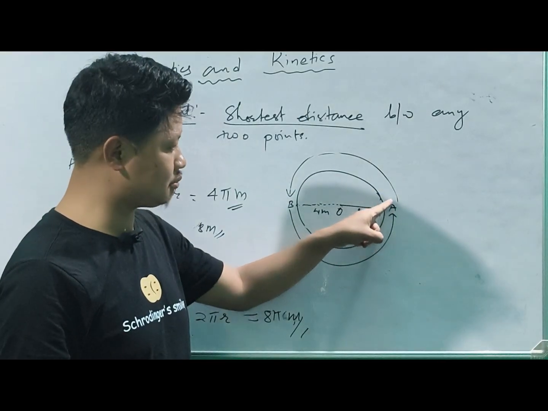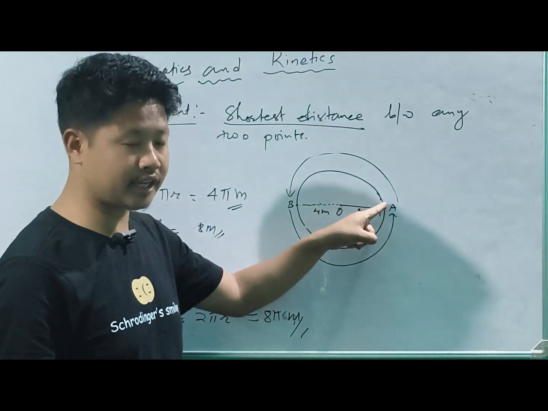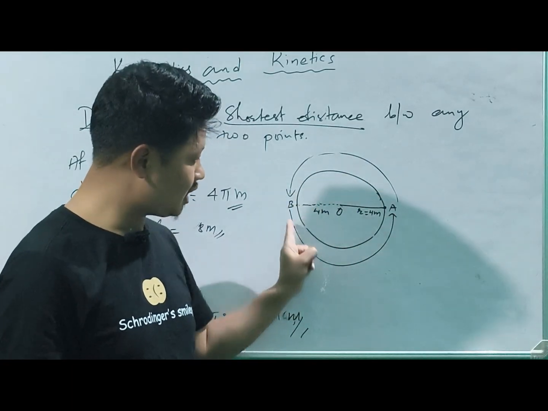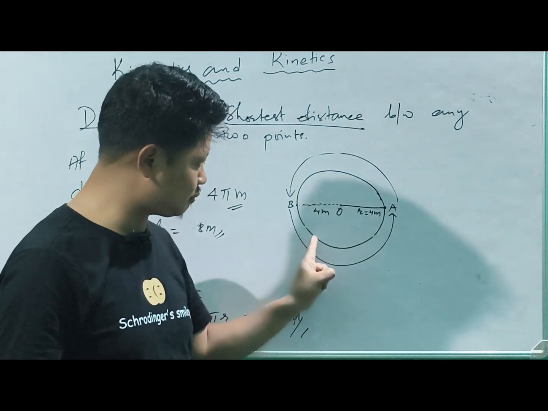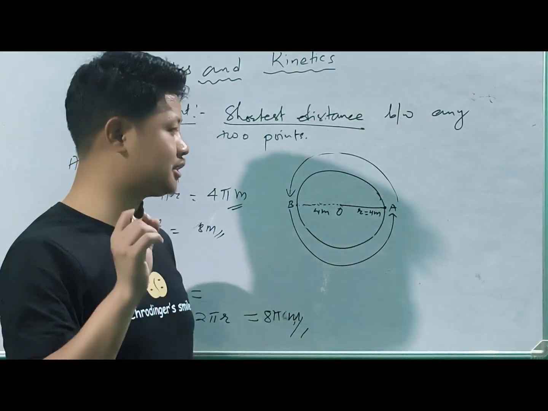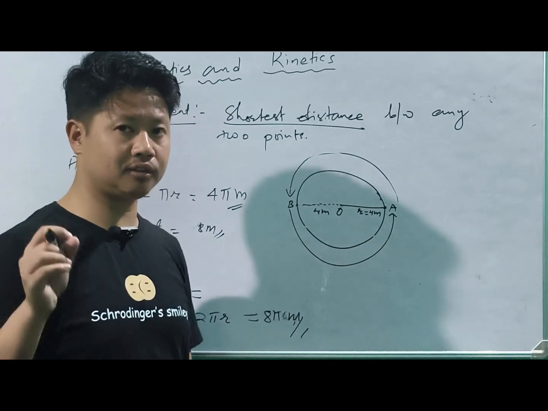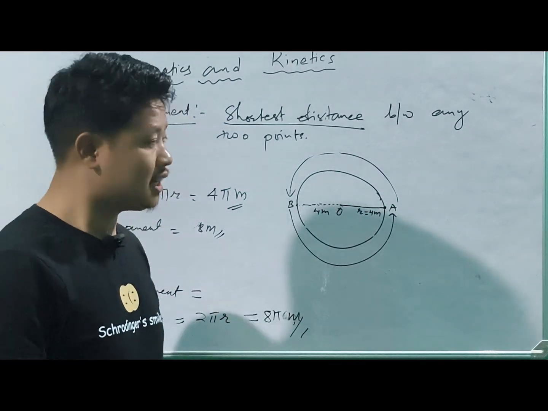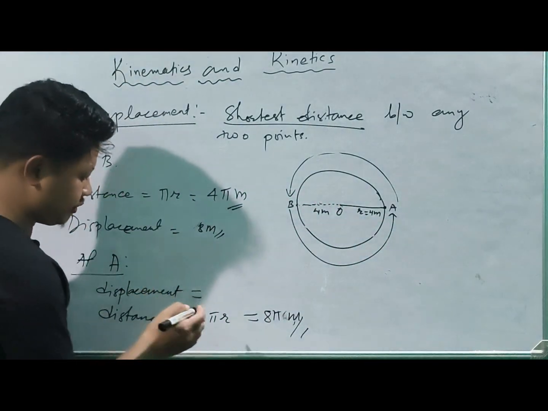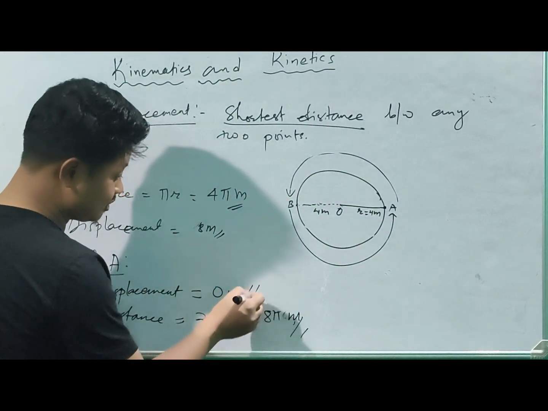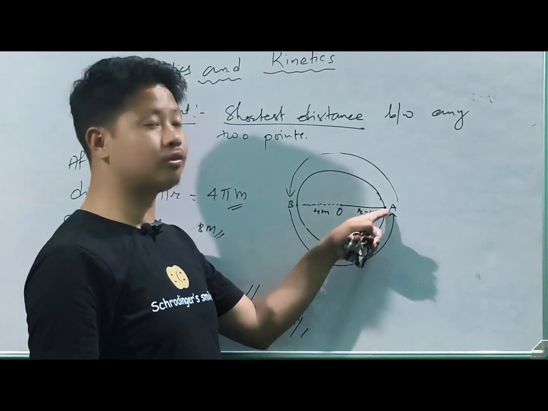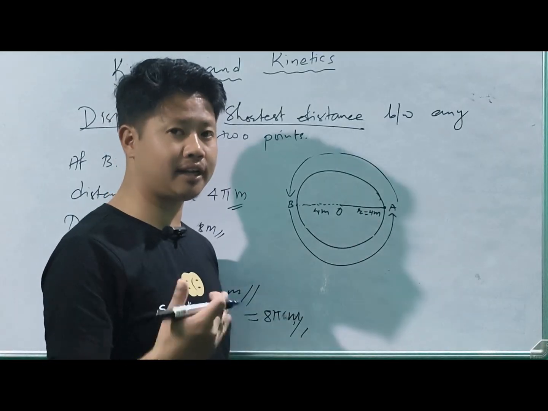In this case, the particle starts from point A, and then revolves around this path and reaches point A again. So the starting point and the final point are the same. Starting point is A, final point is also A. So we can say the displacement is 0 meter, because the particle is not changing its position anymore, because the particle was first here, and after some time the particle is again here.